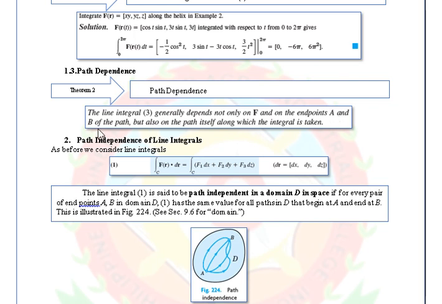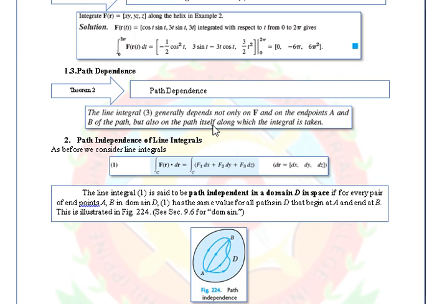because that serves as our limit, points a and b. Without those points a and b, we cannot perform the integral because we have no limit. So the line integral is fully dependent on these quantities, the function and the points a and b. Then another quantity that the line integral mostly depends on is the integral path, what type of path is taken in order to perform that integration.